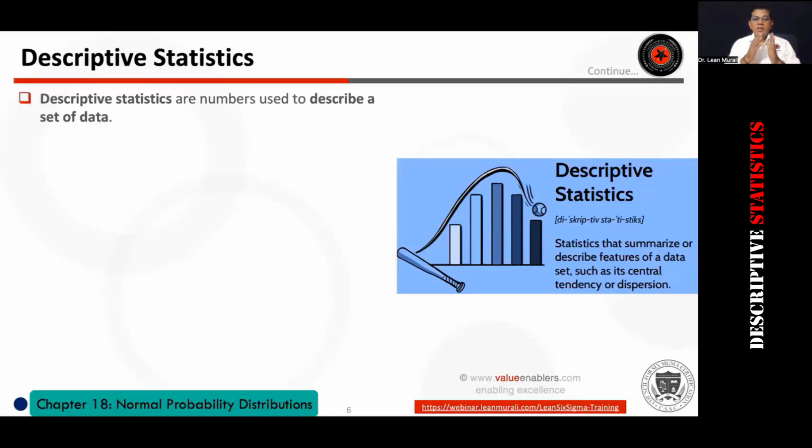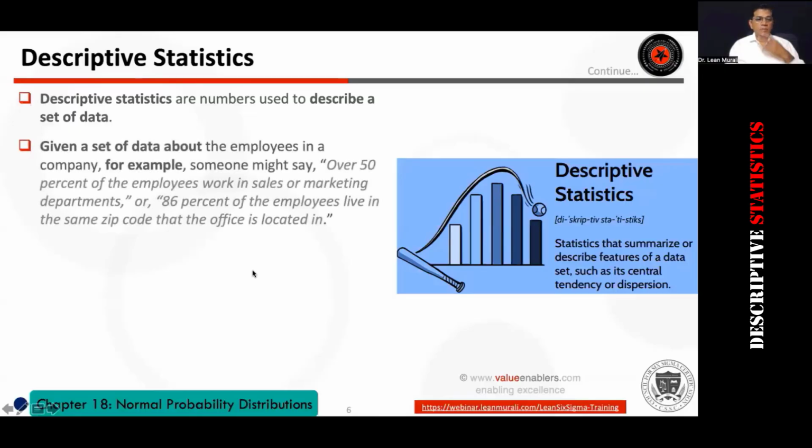So the measures of central tendency are mean, median, or mode. All of you type 3M in the chat box: mean, median, mode. Excellent.